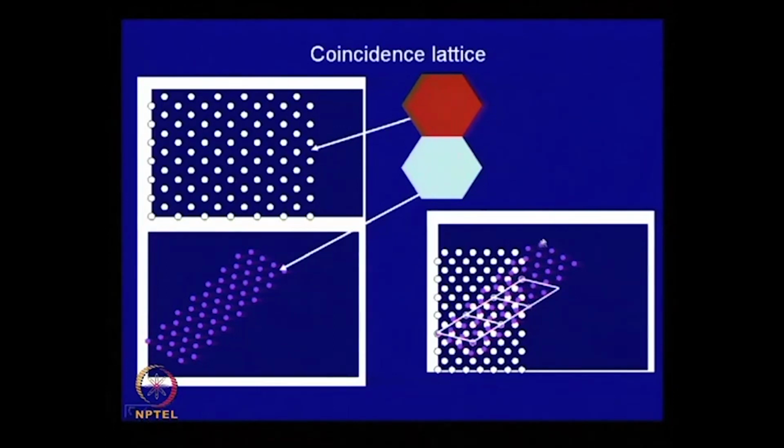This is one grain, this is the other grain, and this is the grain boundary. If you extend the lattice, you will find that some of these points are coincident with these lattice points, which are marked over here. So, this is a concept which represents the type of the grain boundary.